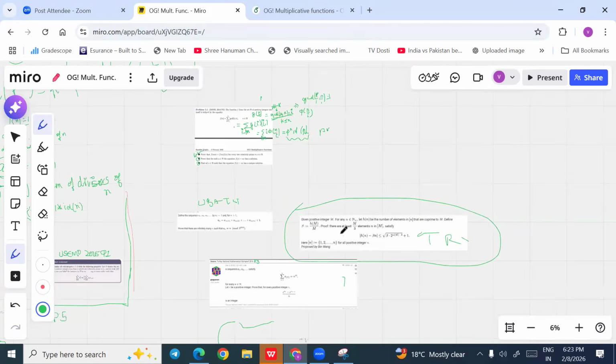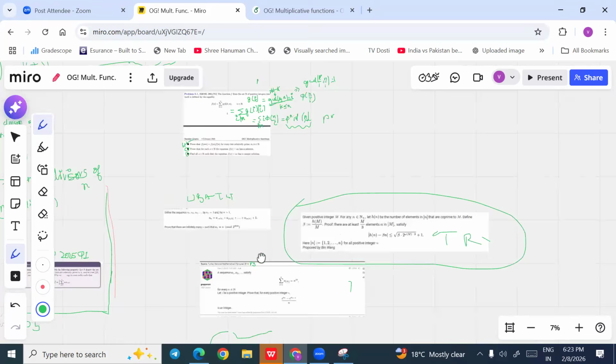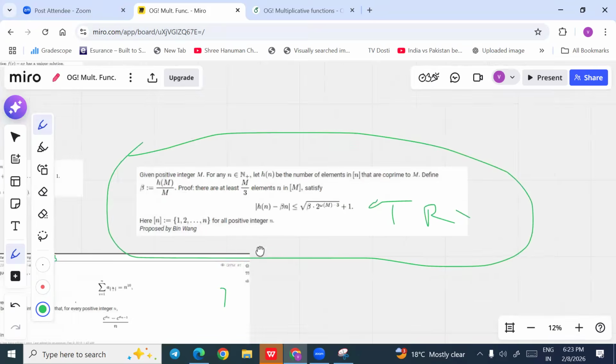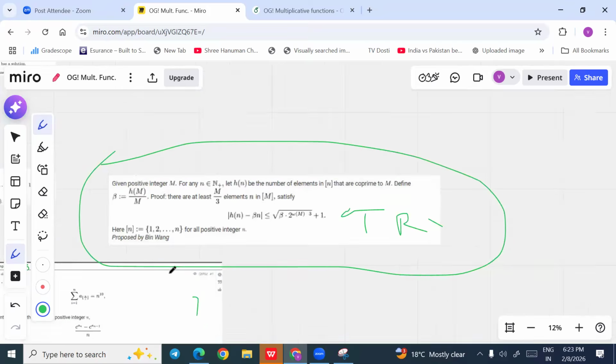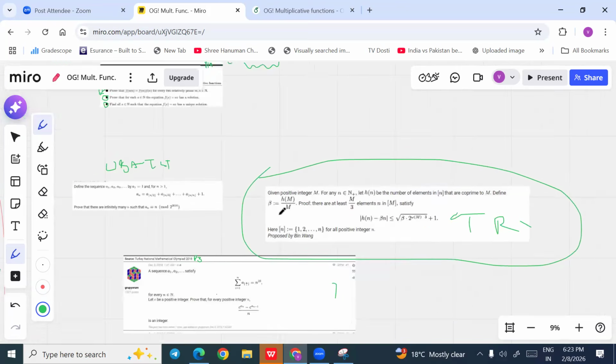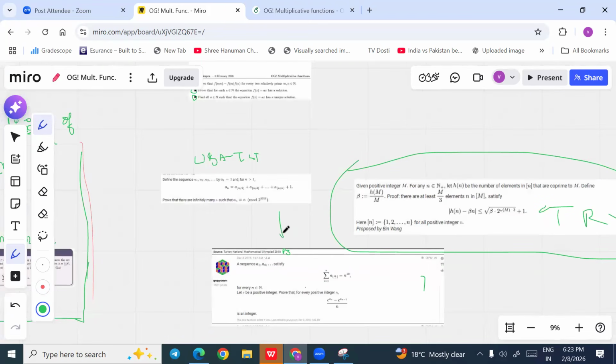I have not done this yet, so it is for those who want to try a really hard problem. Between these two, which problem do you like more? Which one should I do?